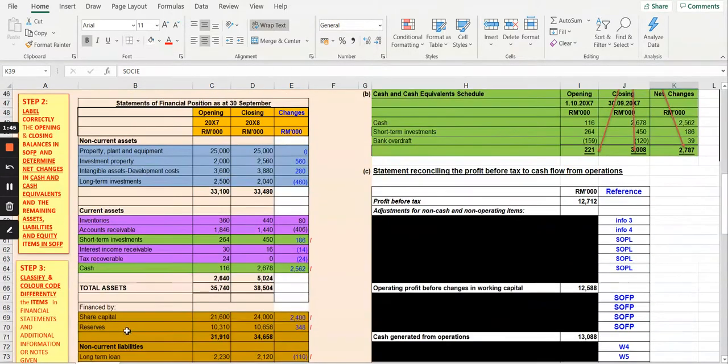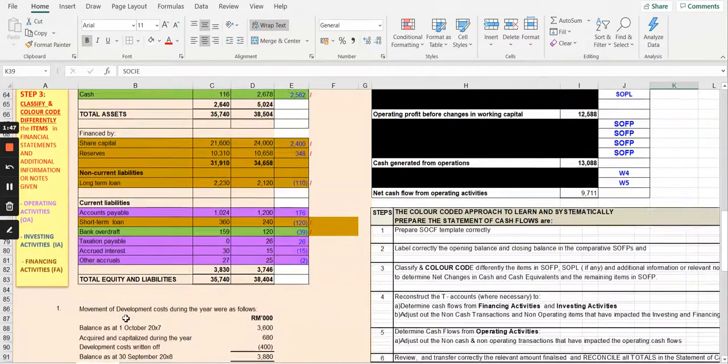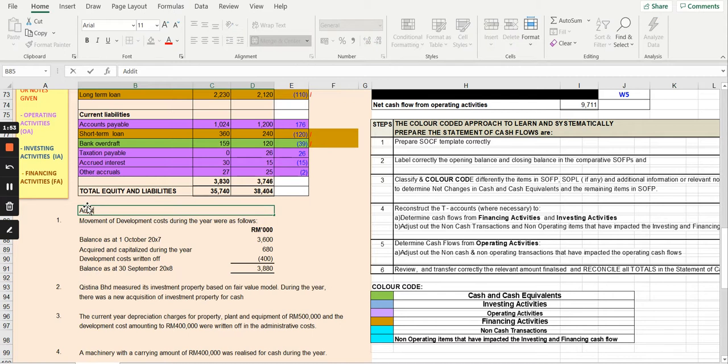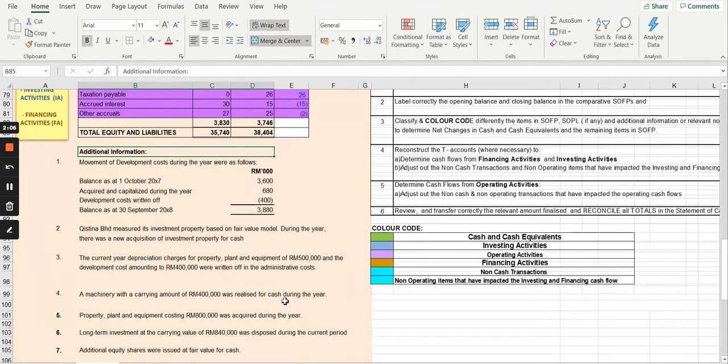But here, if you check the additional information, even in the movement section here, this one is actually the additional information, right? Okay. You would see that even in the additional information, there were no details explaining, except to confirm what I mentioned, the issuance of shares were for cash.